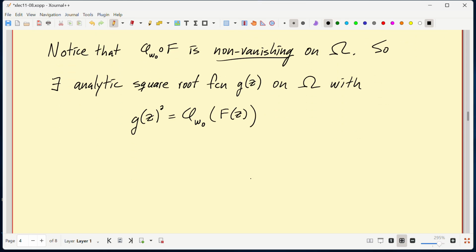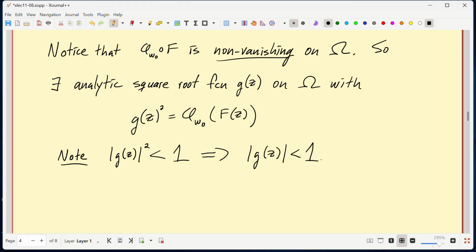So note, things to note: the modulus of g of z squared is less than 1, and of course that implies that g of z in modulus is less than 1 on omega.